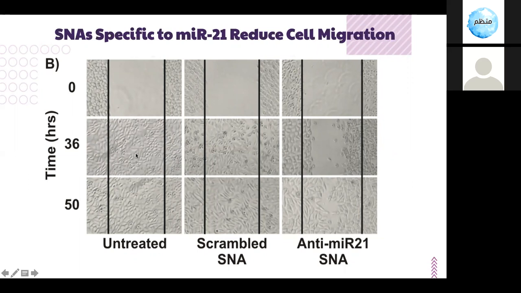In 2 days, the spot is already filled. With that SNA, you can slow down cancer metastasis. If you want, you can make the programmable even better to kill cancer as well. But it's obvious that cancer progression is slowed down as evidence from here.